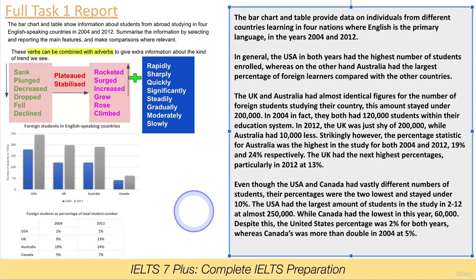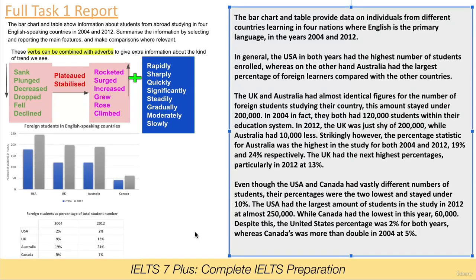Okay, let's read this one back, a bit smaller, this paragraph, and see how we're doing. Even though the USA and Canada had vastly different numbers of students, their percentages were the two lowest and stayed under 10%. The USA had the largest amount of students in the study in 2012. That should be in 2012. There we go. Always important to edit. At almost 250,000, while Canada had the lowest in this year, 60,000.